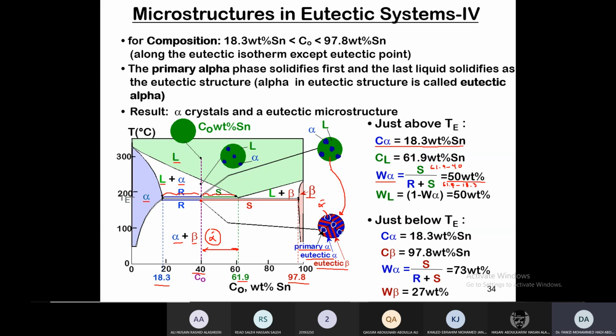So this means that the amount of the alpha here is 50%, and the liquid of course will be 50% because you have two phases here. If the alpha is 50%, then the liquid is again 50%. So the weight fraction of the liquid is equal to 1 minus the weight fraction of alpha, times 100. That gives you also 50%. Of course, you notice something: specifically at that position, you are getting 50% alpha and 50% liquid.